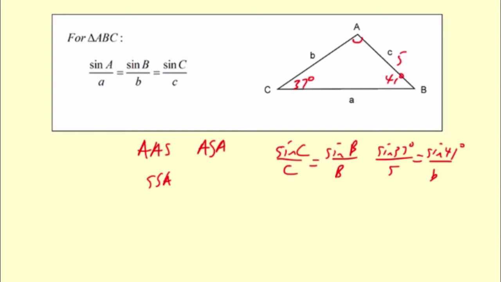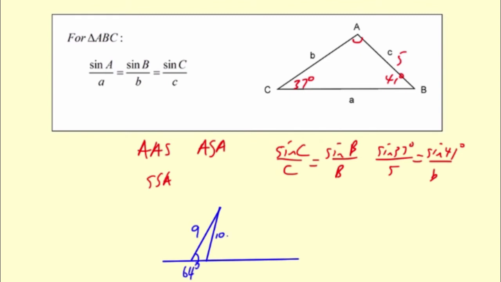Now side, side, angle, sometimes you can have two possible triangles. So let me sketch out a side, side, angle real quick. Okay, so let's say you're given this side is 9 and this side is 10 and this angle right here is 64 degrees.